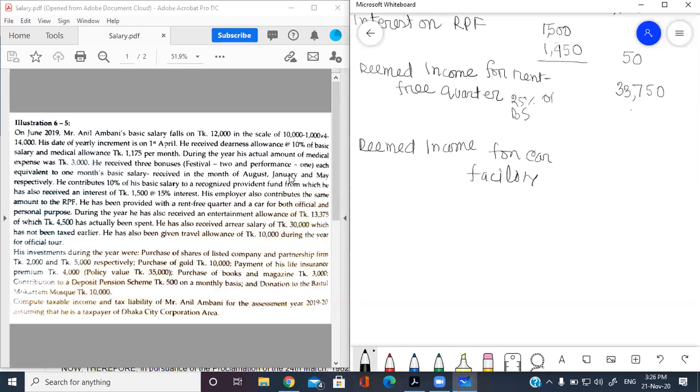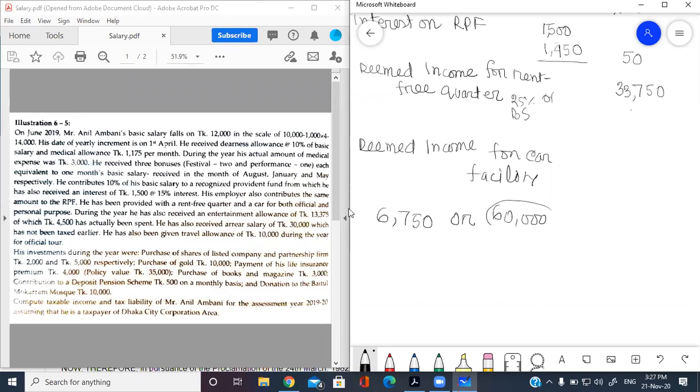So the rule is 5% of basic or 60,000, which one is lower or higher? Higher. Okay. So let's take the 5% of the basic first. That is 135,000 multiplied by 5%, that amount will be 6,750, or the amount which is 60,000.